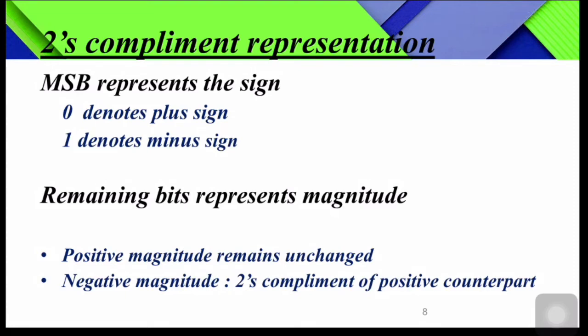I think this concept is a little bit confusing, but don't worry, I will make a clearer picture with an example. So we are going to find the 2's complement representation of plus 9. Since it is a positive number, the MSB in its 2's complement representation will be 0 and the remaining 7 bits will be the binary representation of 9.